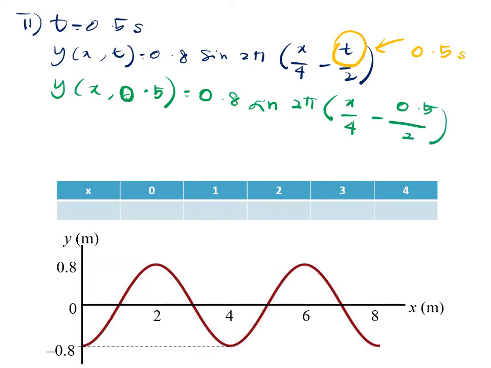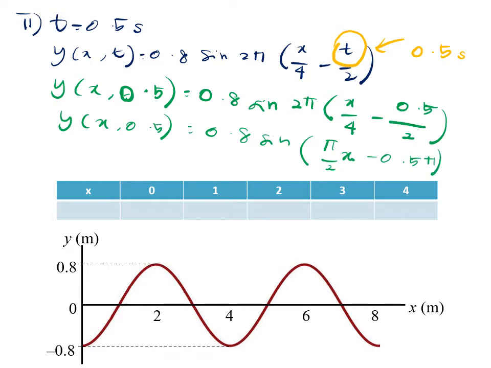Right? So if you expand this equation, you will get y at 0.5 second equal to 0.8 sine 2 pi x over 4, 2 pi over 2x, sine pi over 2x minus 0.5 pi.